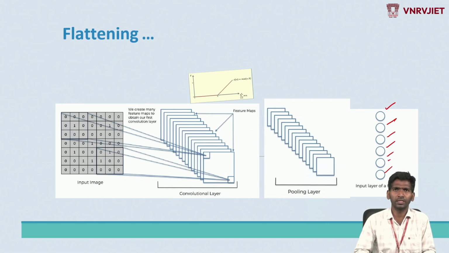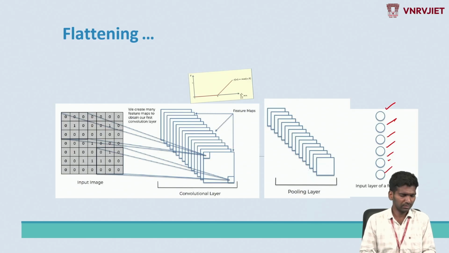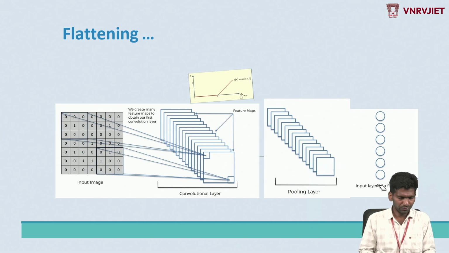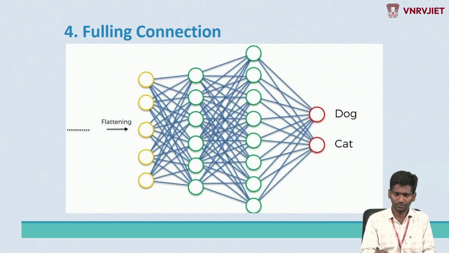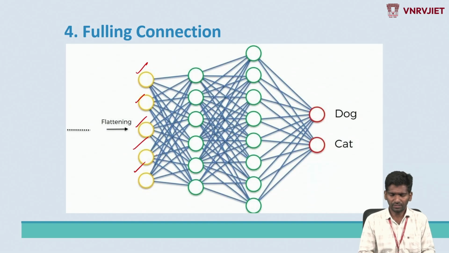So what is the fourth step? Fully connected network. We got neurons, so in a similar way we can construct hidden layers and output layers also. All together, it looks like this. After flattening, we got n flattened layers.